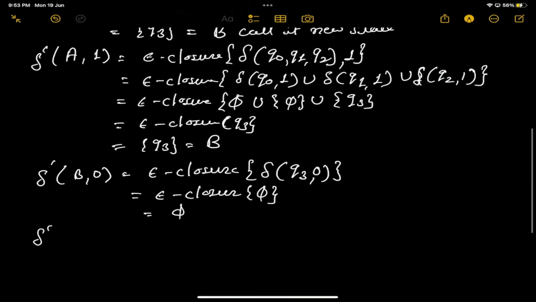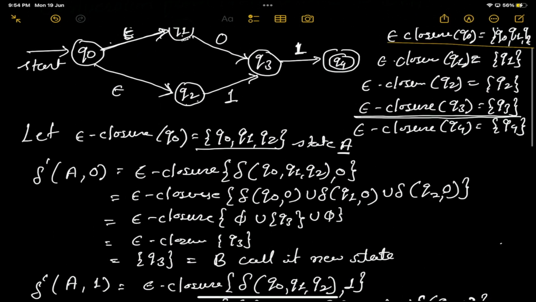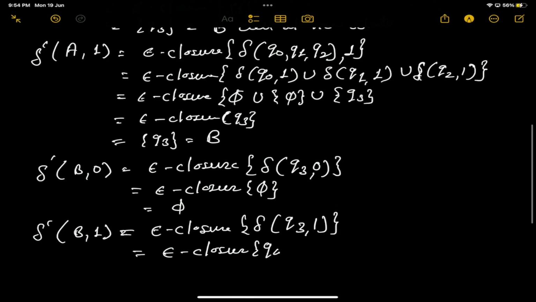Next, we find the extended transition function of B with input 1, which is equal to the epsilon closure of delta of Q3 with input 1. Q3 with input 1 goes to Q4. So it is Q4.